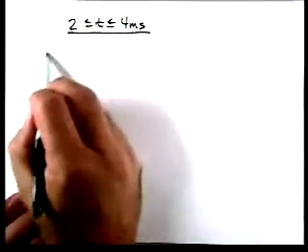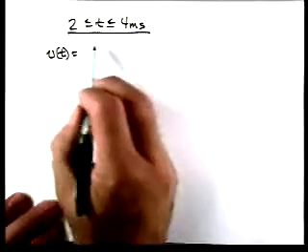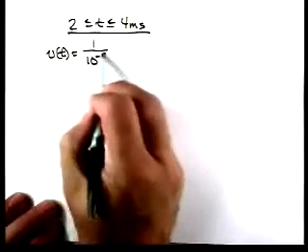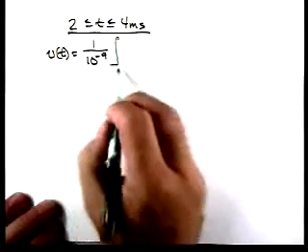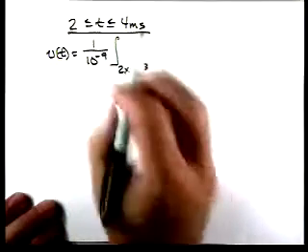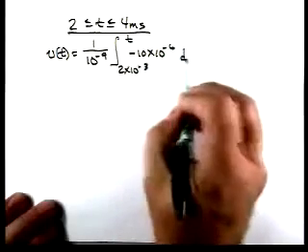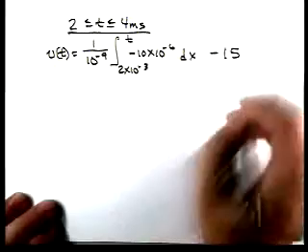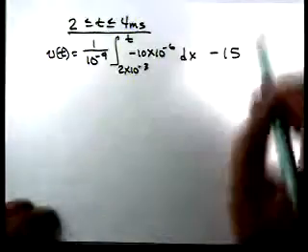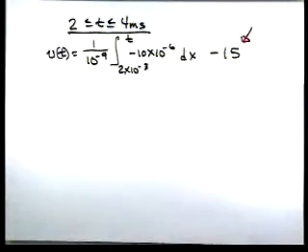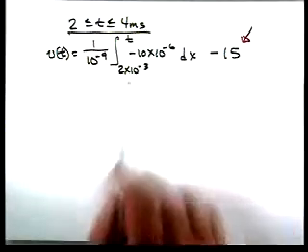So now we're going to have V of t is 1 over C, 1 over 10 to the minus 9, the integral from 2 times 10 to the minus 3 to t of minus 10 microamps, and this is minus 15 now. This came from the calculation for the previous interval. That's our initial condition for this interval, because that's the voltage across the capacitor at 2 milliseconds.